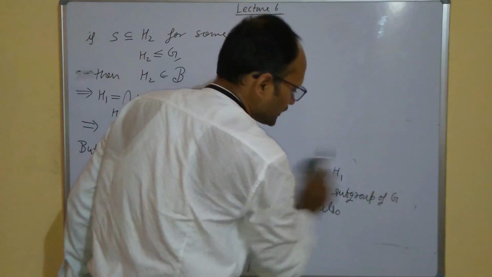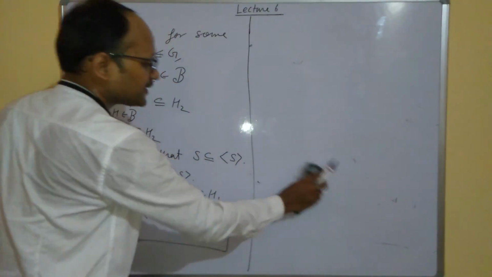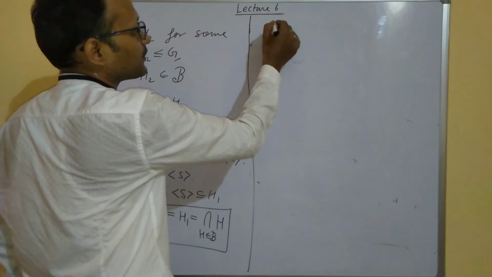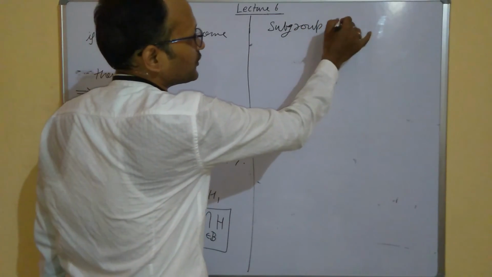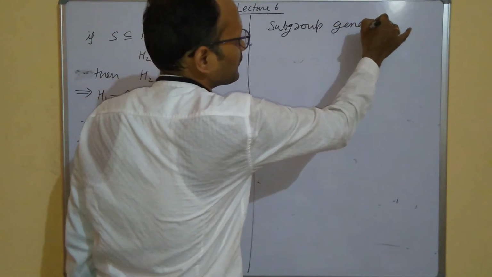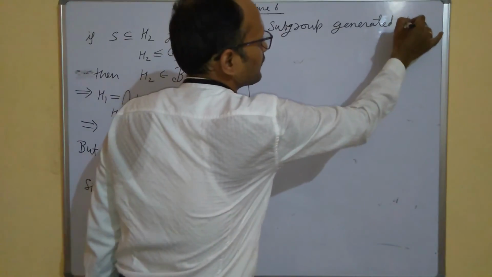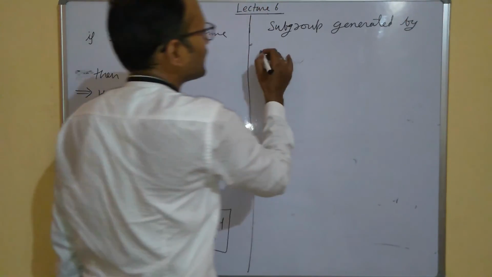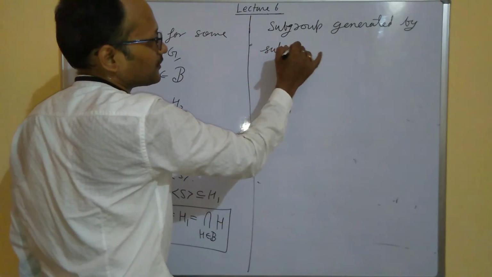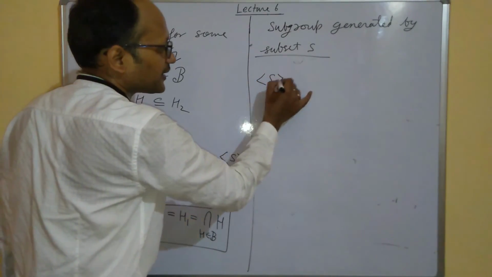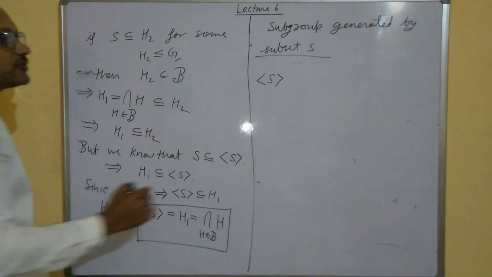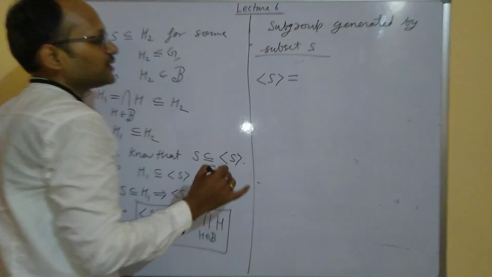So the subgroup generated by subset S, I am denoting it as this, has two explanations.